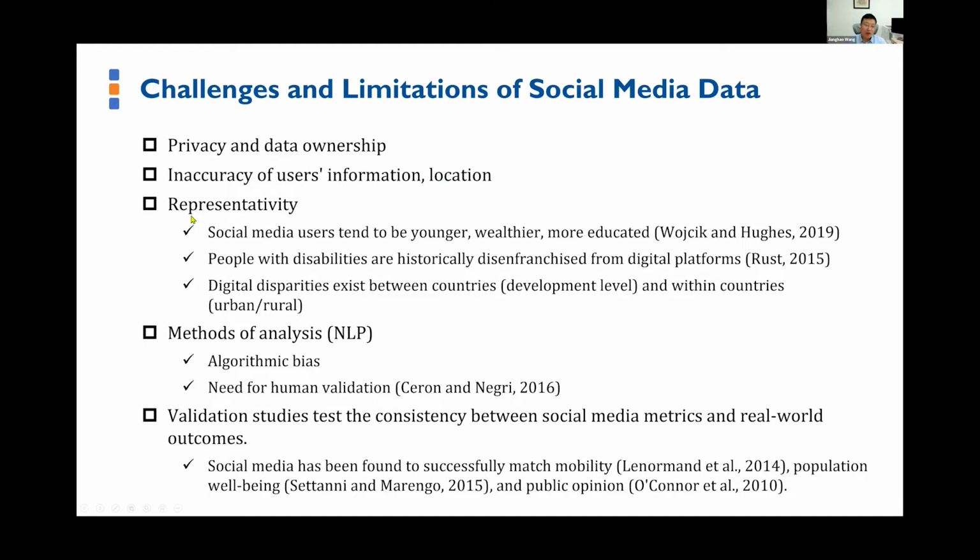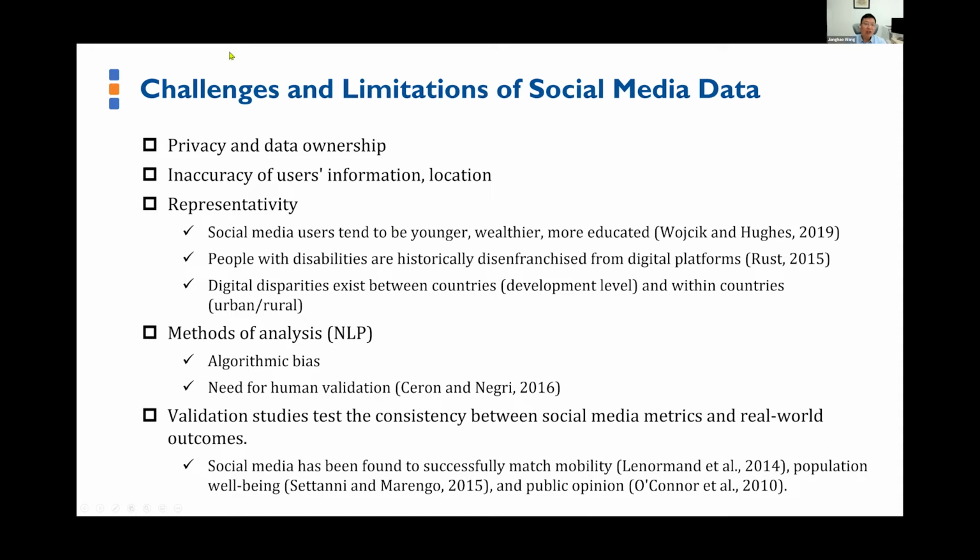The third very important thing is representativeness. Social media users tend to be younger, wealthier, and more educated. So this is, I think, the main limitation of the social media data set. You need to be aware of sample bias issues when you use social media data, and also some other things.